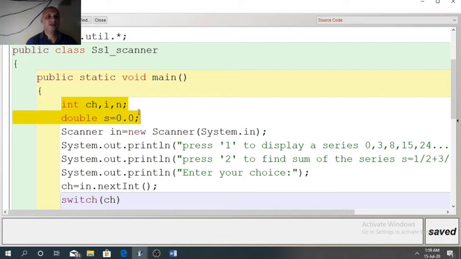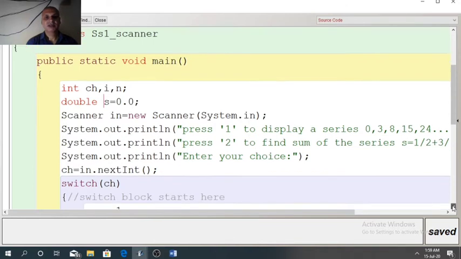In case 1, double s equal to 0, 0.0. It is required in case 2 to find the sum of the series because the elements of the series are fraction. So sum will be also a fractional number. So first we need to display the message.